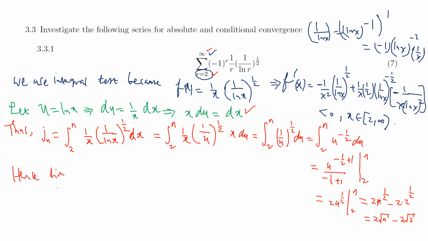Hence the limit as n approaches infinity of Jn, the limit as n approaches infinity of 3 minus 2 to the square root of 2. This limit is infinity.